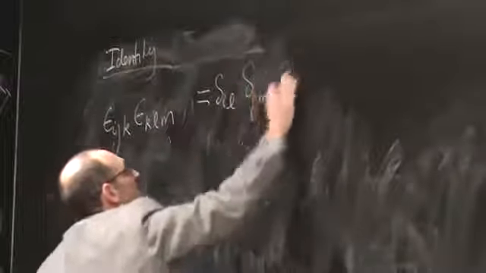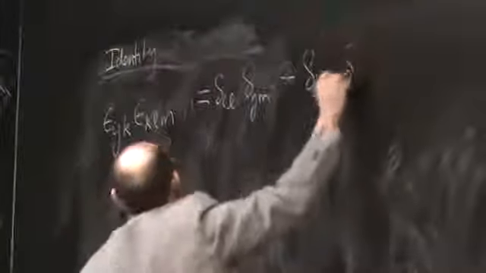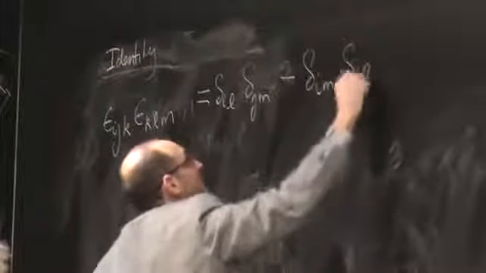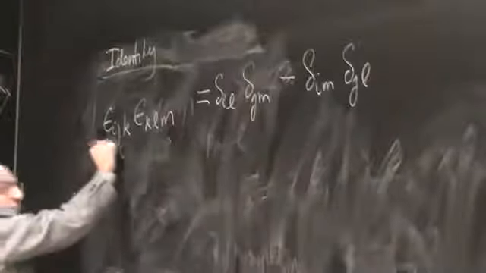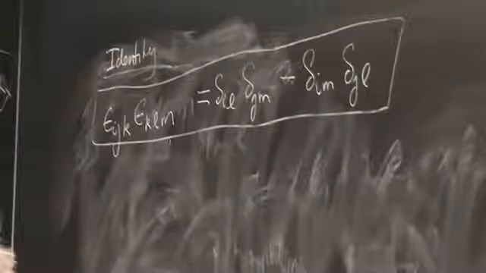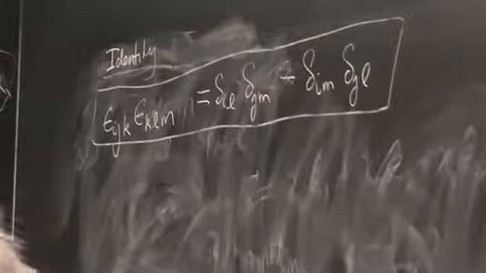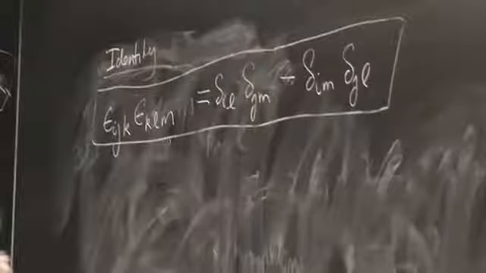And this is equal to delta il delta jm minus delta im delta jl. So important, I remember it. You can check that for yourself. I mean, the derivation is tedious and not interesting. Why do I care?